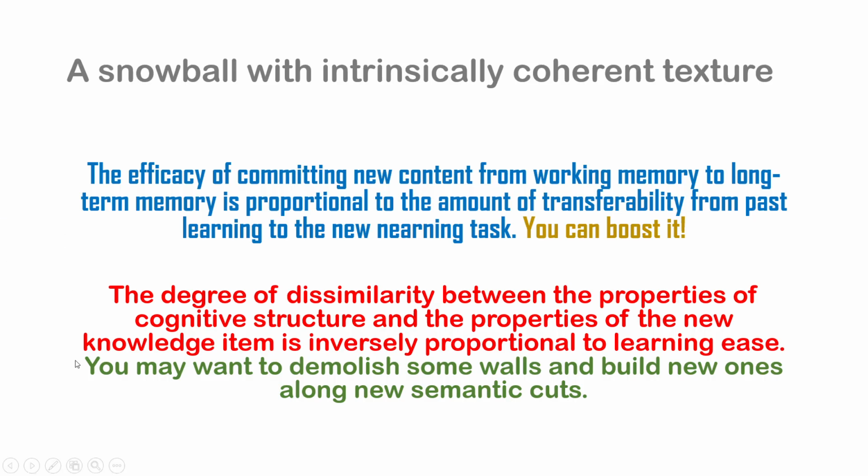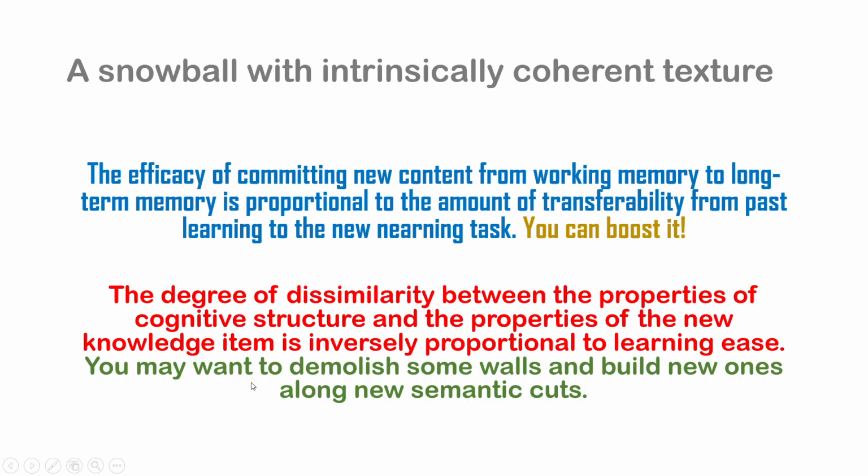And the second theorem, this is pretty complex, I go through it slowly. The degree of dissimilarity between the properties of cognitive structure and the properties of the new knowledge item is inversely proportional to learning ease, to facilitation.